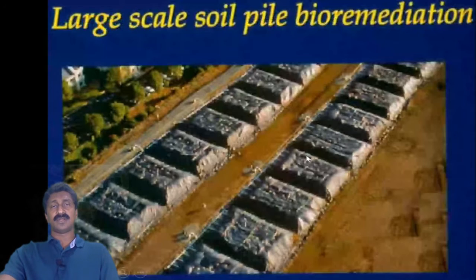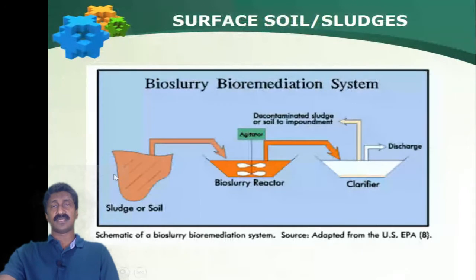So here is one example. For example, in the underground water body, there is sludge or soil that is contaminated, and that will be taken to the slurry reactor. These have continuous agitators, and in slurry form, the material will be mixed, which will enhance the degradation.